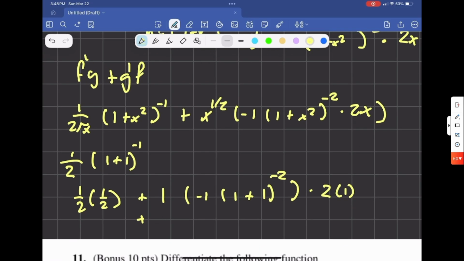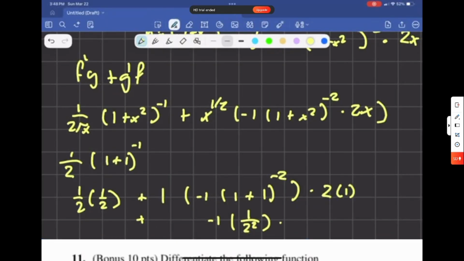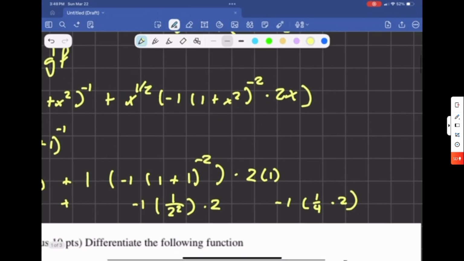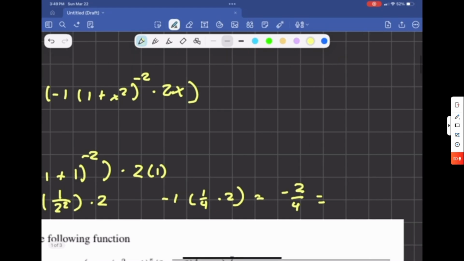So this says it's going to be -1 times 1 over 2 squared, which is 1/4, times 2, which is -1 times 1/4 times 2, which is going to be -2 over 4, which is -1/2.